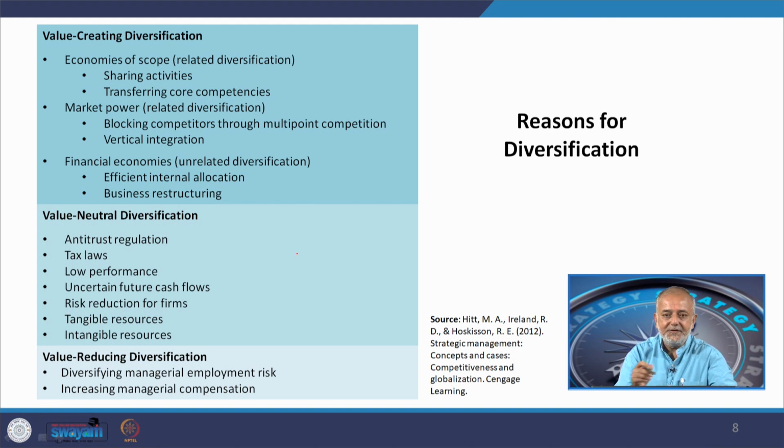Now here is a structured perspective around reasons for diversification. It is divided into three spheres, as authors have done. One is value creating diversification, the other is value neutral diversification, and the third is value reducing diversification. Value reducing diversification, you see, but the question would always remain, why would they be doing this?